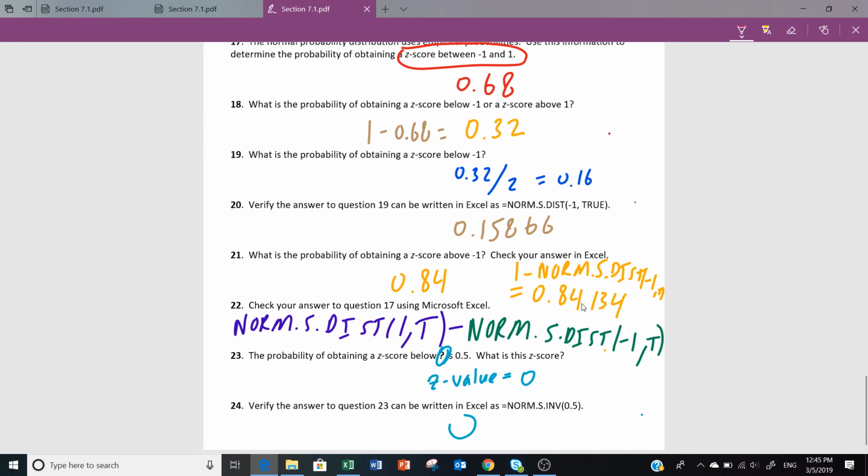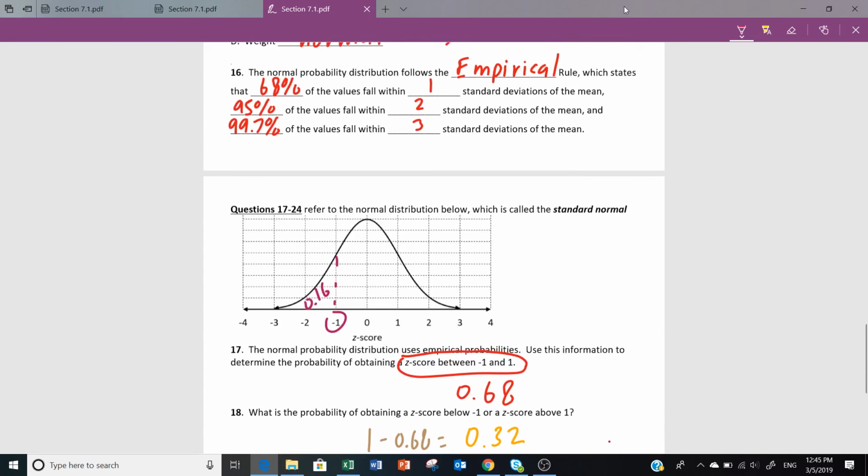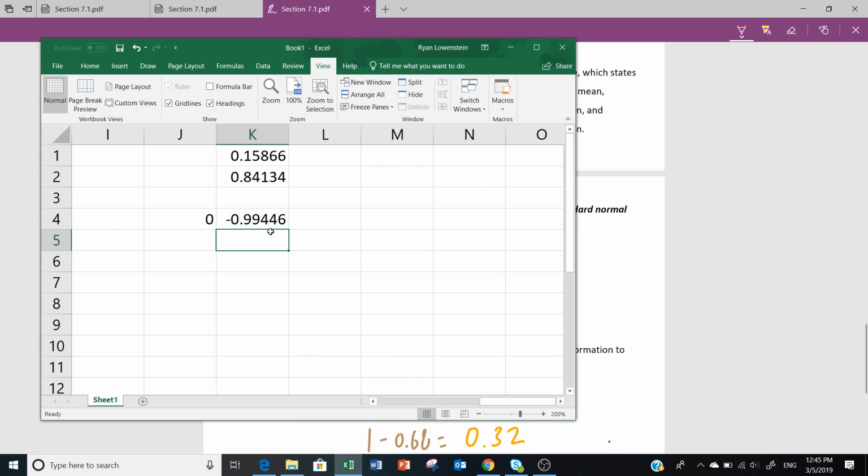This one, 0.84. If you put 0.84 in, you're going to get positive 1. So 0.84, that's this area here. So if you put 0.84 in, you get positive 1 or 0.9946.